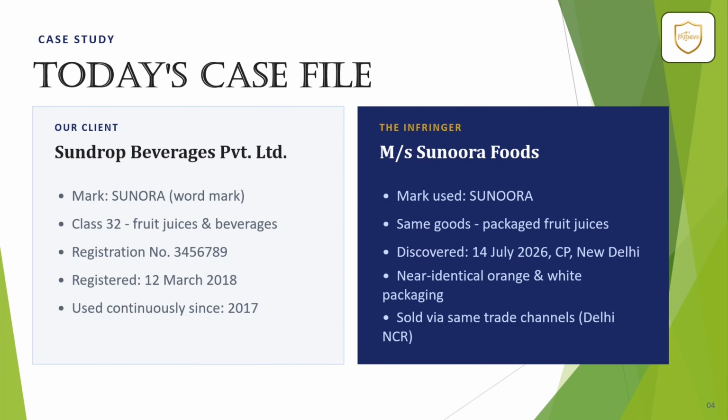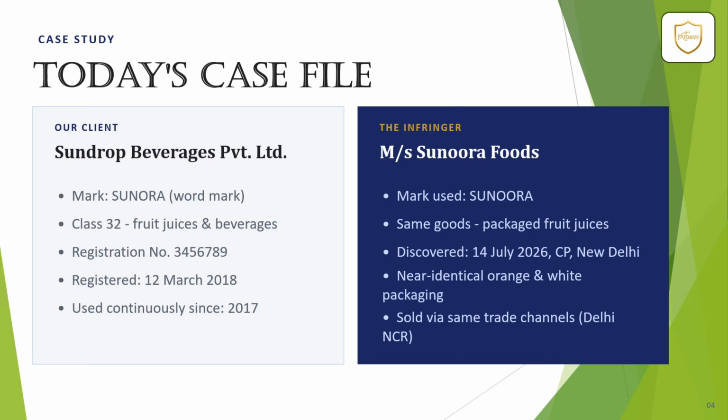So let me introduce today's fact pattern. It's a fictional matter built to teach today's structure. Our client is Sundrop Beverages Private Limited, which is the registered proprietor of the word mark SUNORA, registered in class 32.